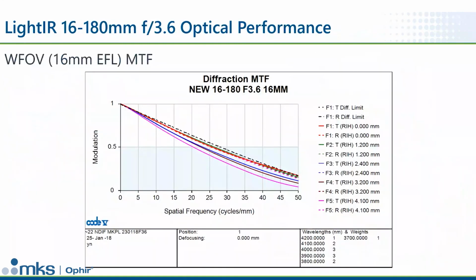We will now describe the performance of this product. In this graph, you can see the MTF performance at the wide field of view, which is 16mm focal length. The upper graph is the diffraction limit, and you can see that the quality is close to the diffraction limit throughout the full range of the field, from center up to the diagonal edge.